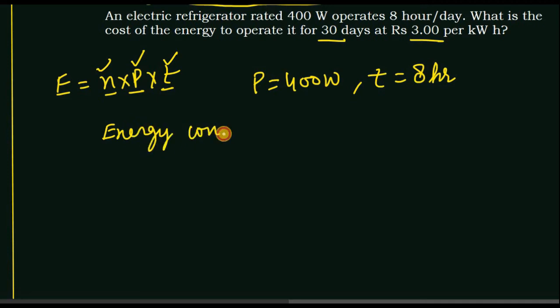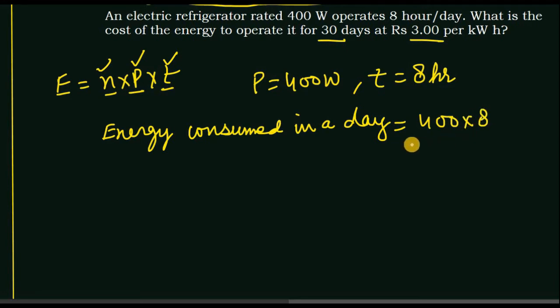energy consumed in a day. So the formula N into P into T. Since it is a single appliance, in place of N it is 1, power is 400 and time is 8, so it is 3200 watt hour in a day.